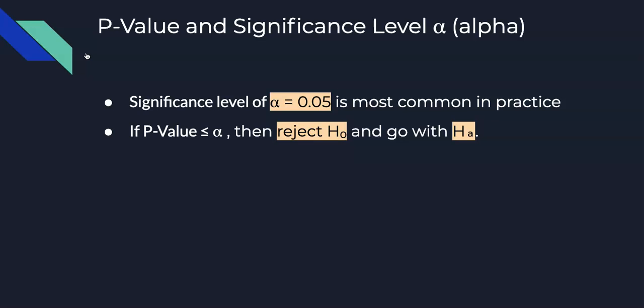And if we get a result saying there's probably like a 1% chance this thing will happen if the null hypothesis is true, then because this p-value came out so small, it's highly unlikely for that thing to happen, so we're going to say we have strong evidence that the null hypothesis is not true. Therefore, we will reject that null hypothesis H0 and go with HA, the alternative. And that is what we want.